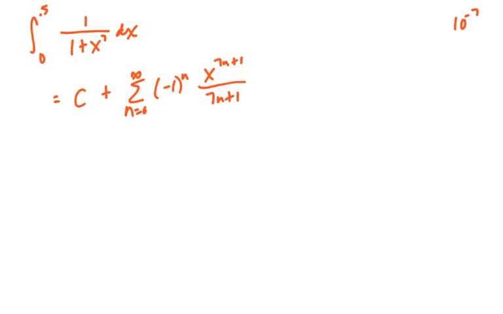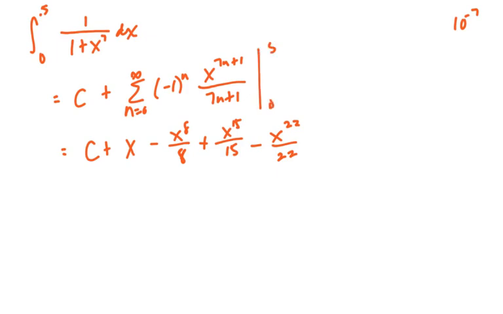So if using the fundamental theorem of calculus, it doesn't really matter what c is because it's going to add and subtract out. But these terms are c plus x minus x to the 8th over 8 plus x to the 15th over 15 minus x to the 22nd over 22. And once we integrate this, we can do this from 0 to 0.5.